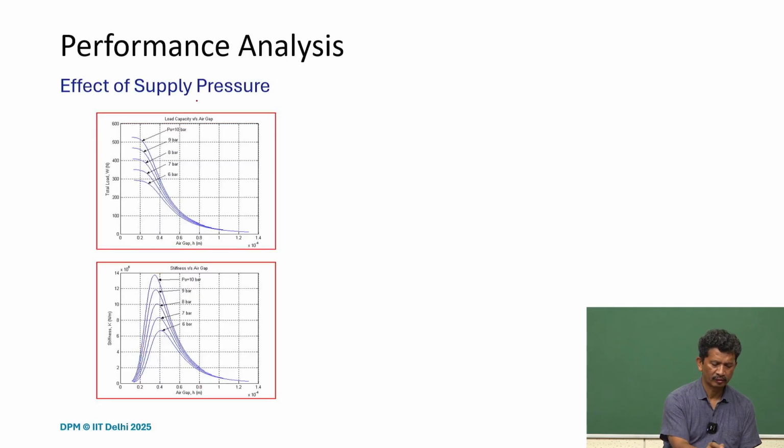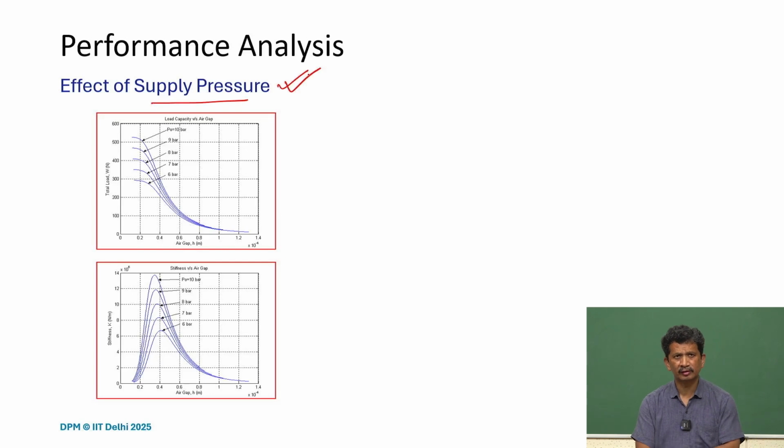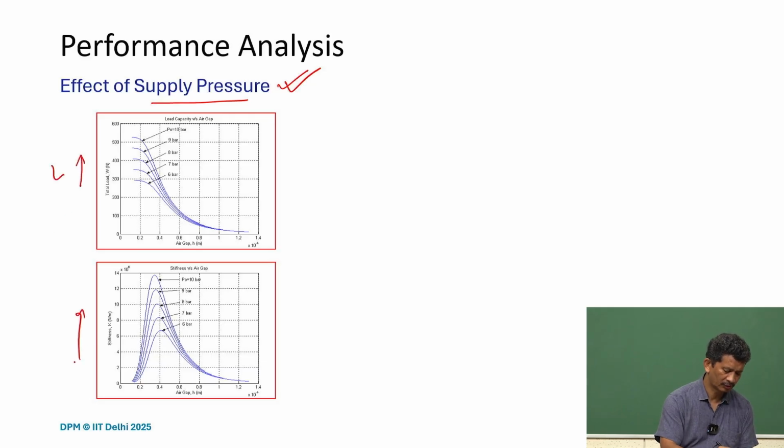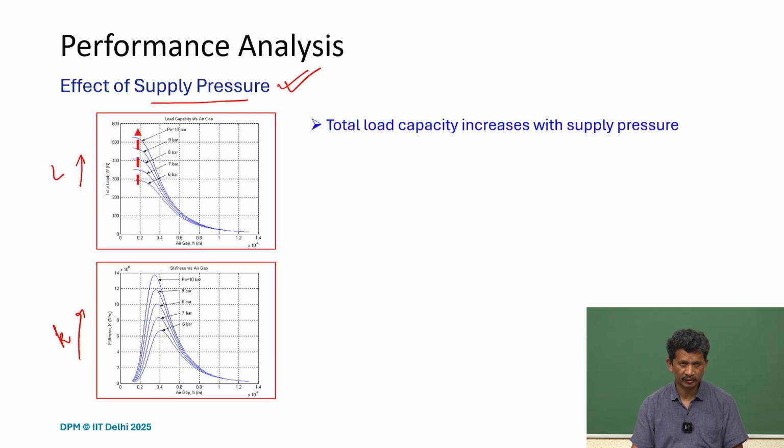Similarly, what happens if we change the supply pressure of the air? Again, it's load here, and this is stiffness we are talking about. So load capacity versus stiffness, and now we are changing the supply pressure.